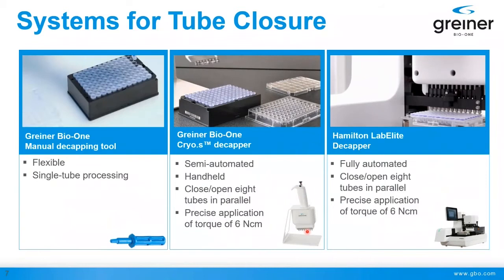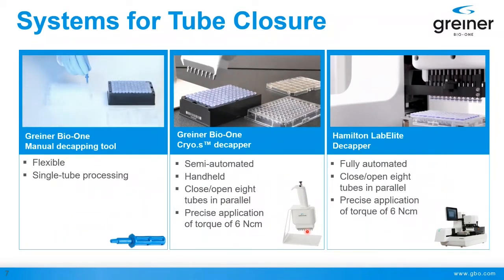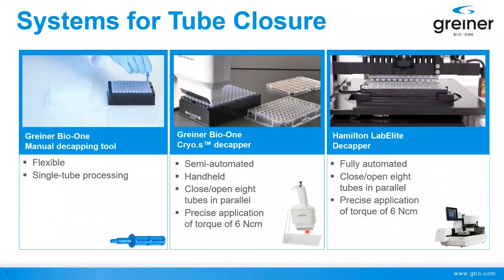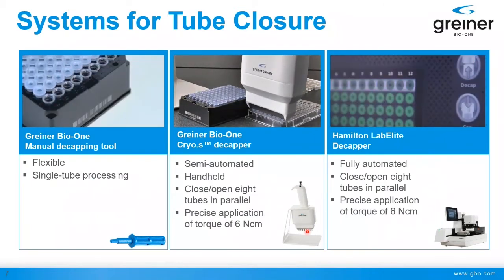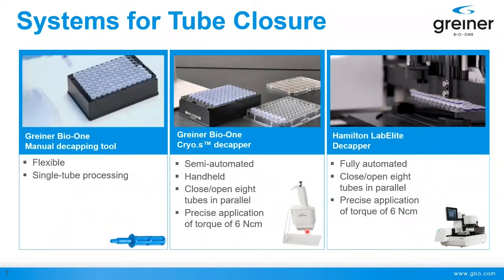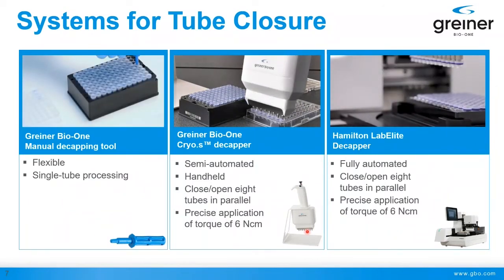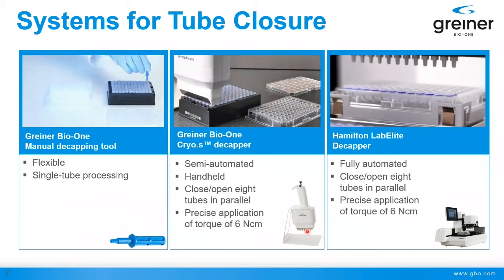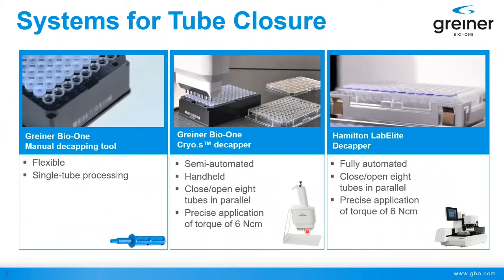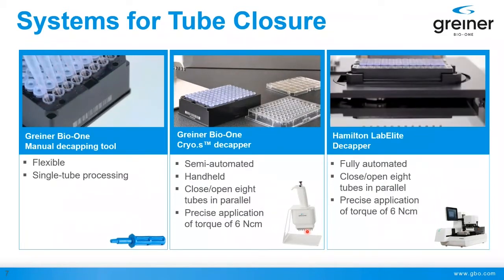But the more precisely you close your tubes, the safer you are for long-term storage, because water evaporating from your sample will be really, really covered. It will be a very, very low percentage of water that can enter the tube. So it's the best that you can do to preserve your samples for a long term if you use such automated and assisted devices for tube closure.